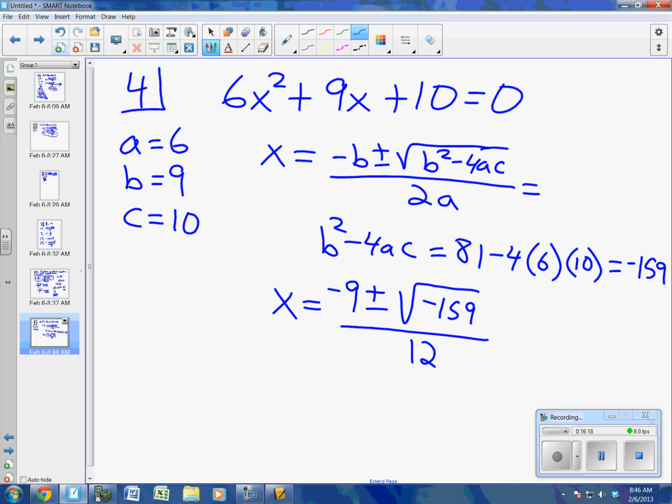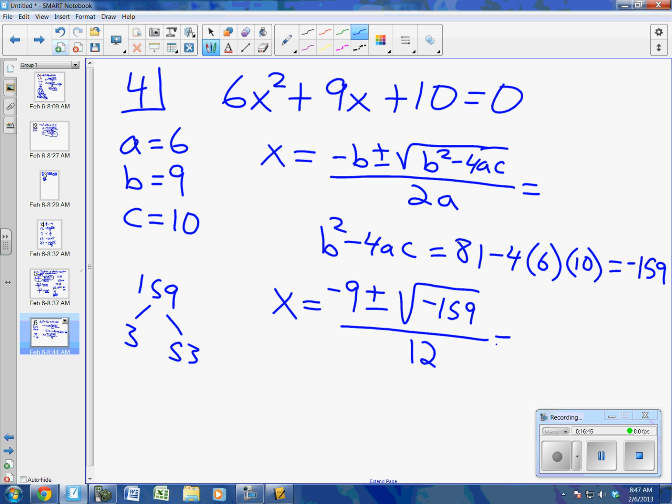So 159 breaks down into 3 times 53. We don't need to worry about the negative because we already know that's just going to be an i, the square root of negative 1. How about 53? I think that's a prime number, right? Therefore, is this simplifiable? There's no pairs, so that's our answer.